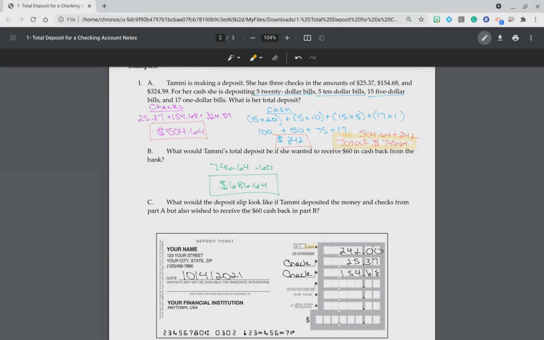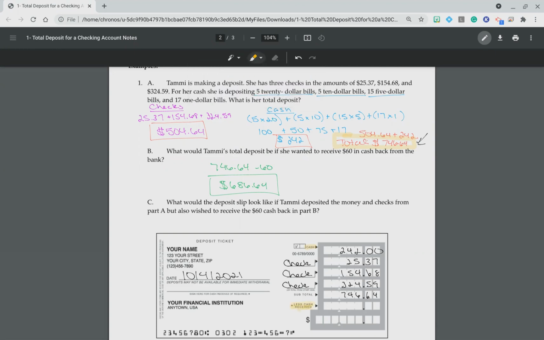And then I have my last check, which is for $324.59. So our subtotal is what we found up here, $746.64.